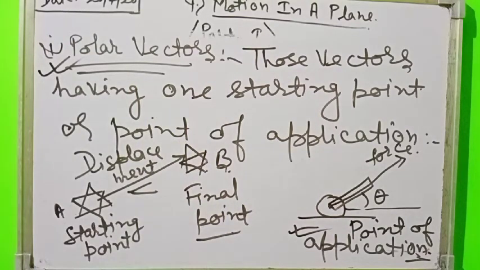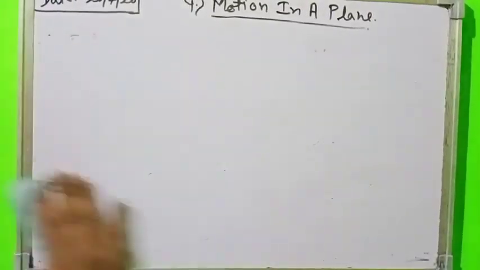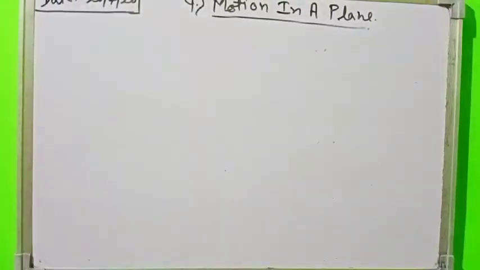And now axial vectors. Simple. Axial vectors are those vectors having axis of rotation.